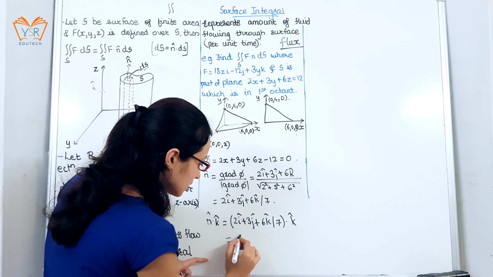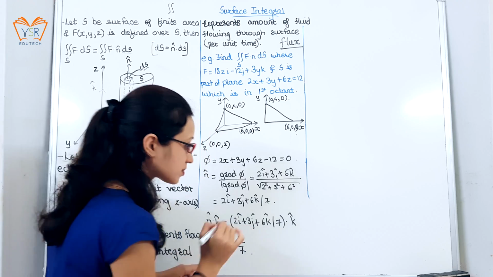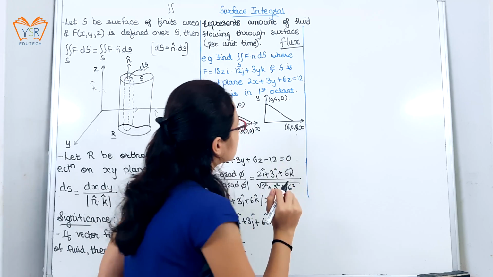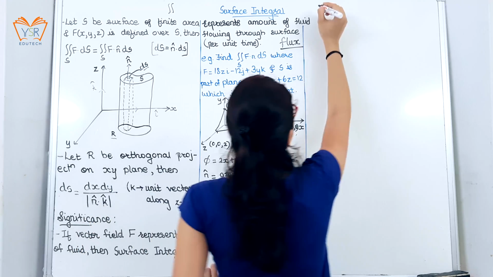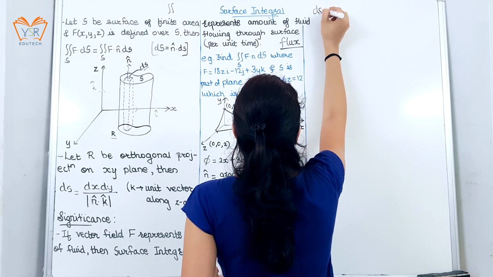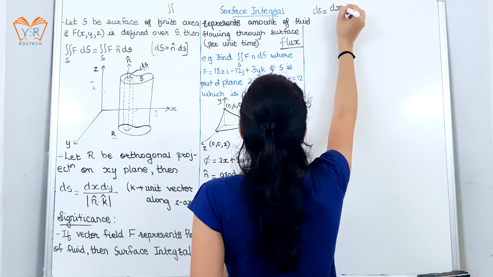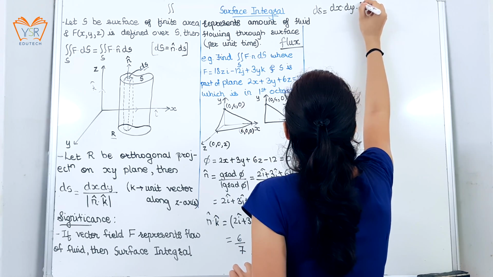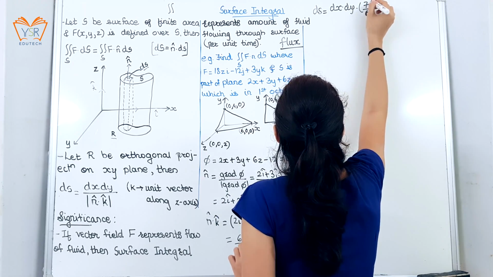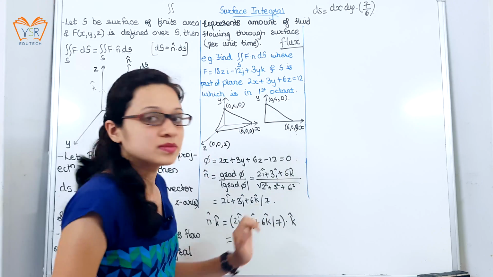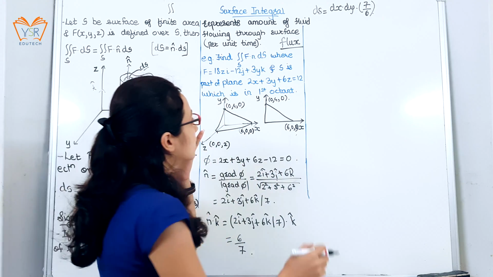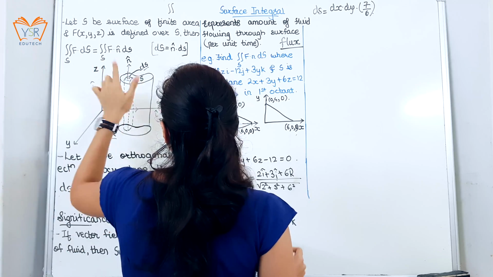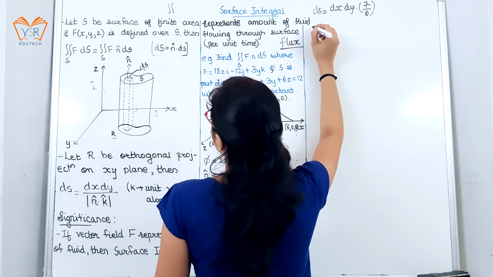The value will be 6 by 7. Substitute the value here. We get dS is equal to dx dy, divided by the magnitude, which becomes 7 by 6. Now substitute the value of dS in the above formula.